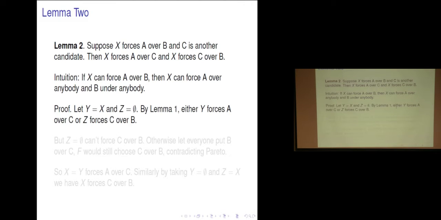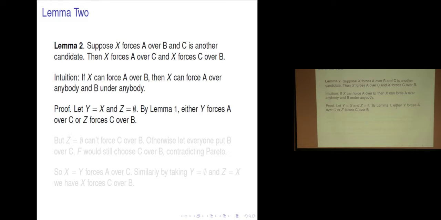Okay, so the proof: we use lemma 1. We choose a special x and y. We let y be the whole set x, and z be the empty set. We don't give z a single person. By lemma 1, either y forces A high or y forces B low.